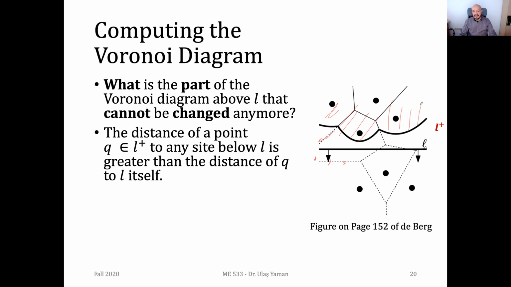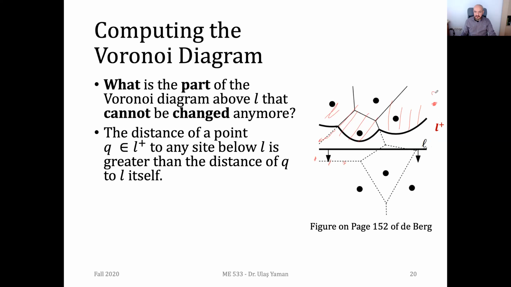So the thing is that we have some requirements. The distance of point Q, which is a member of L plus, the region we covered. Assume that you have kind of a point here.